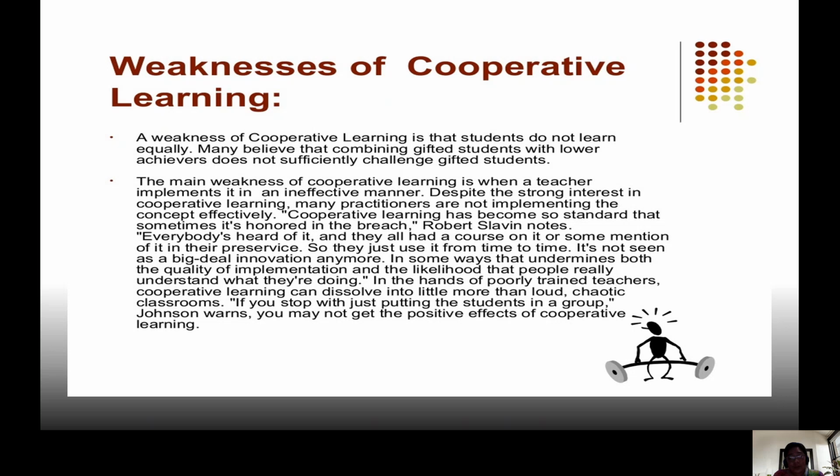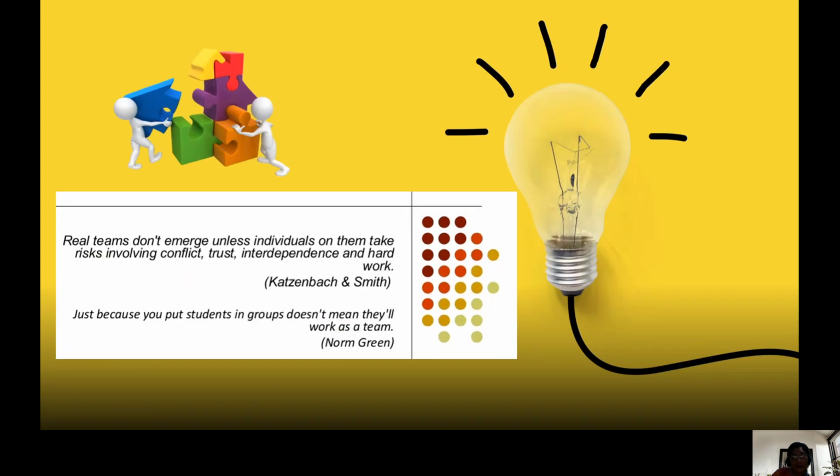So we should try to be strict and firm with our different rules and regulations in our classroom, even though we're implementing cooperative learning. Real teams don't emerge unless the individuals on them take risks involving conflict, trust, interdependence, and hard work, by Beck and Smith.